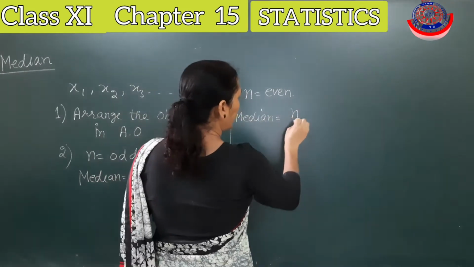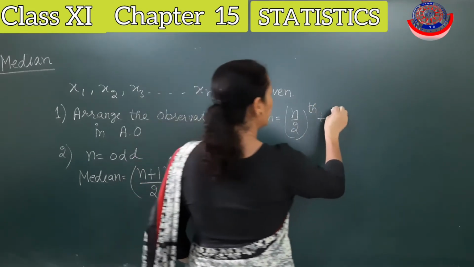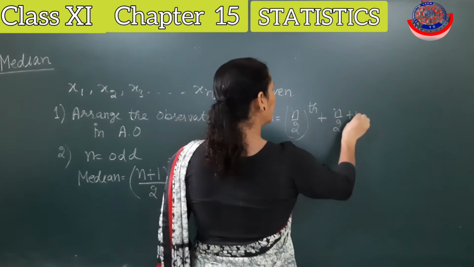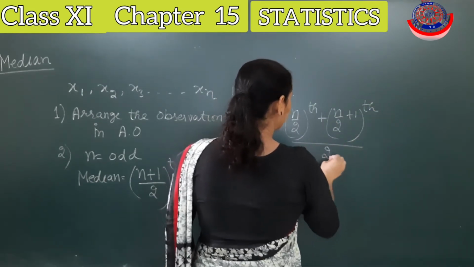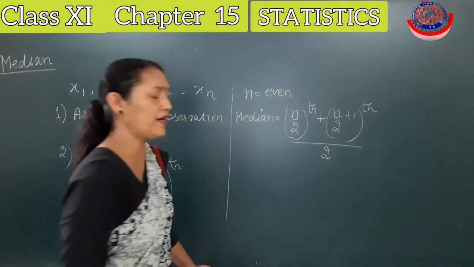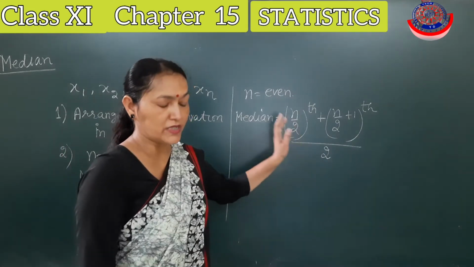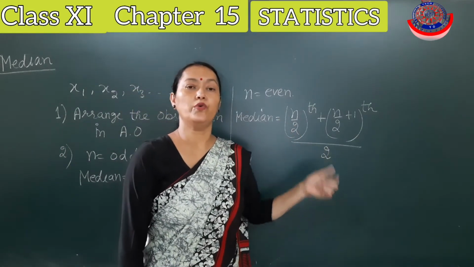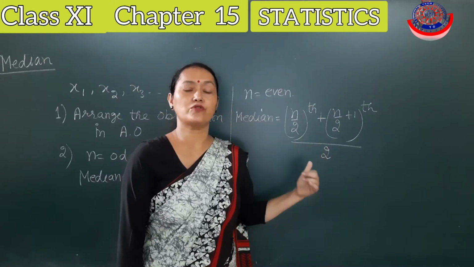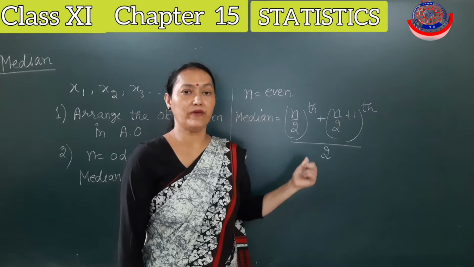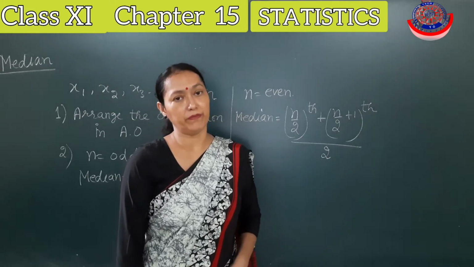That means the n by 2th term plus the n by 2 plus 1st term, divided by 2. For example, if you have 10 terms, then the median would be the 10 upon 2, 5th term plus 6th term, upon 2. So write down the values of the 5th term and 6th term, add the two terms, divide by 2, and you will get your median.